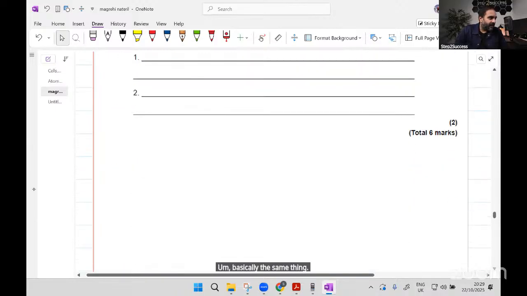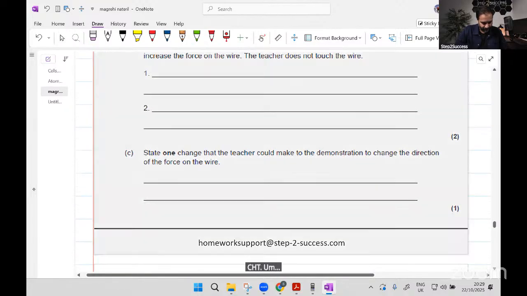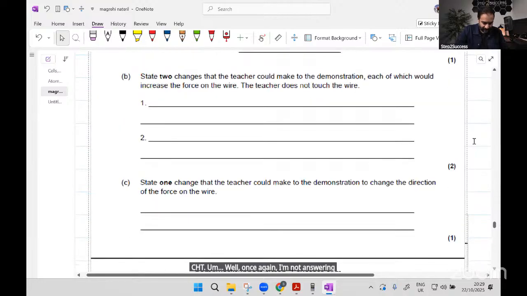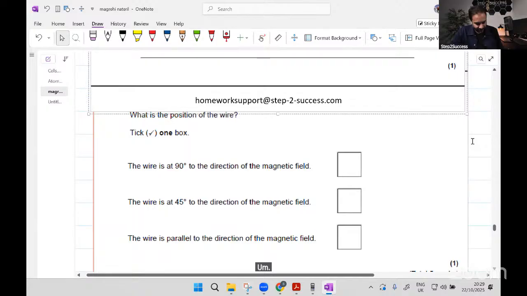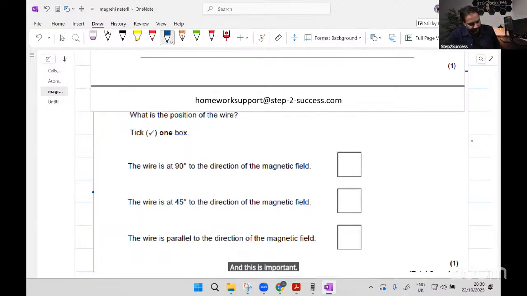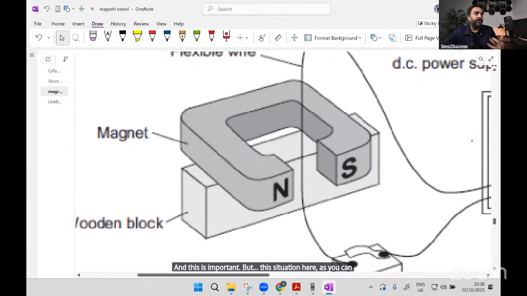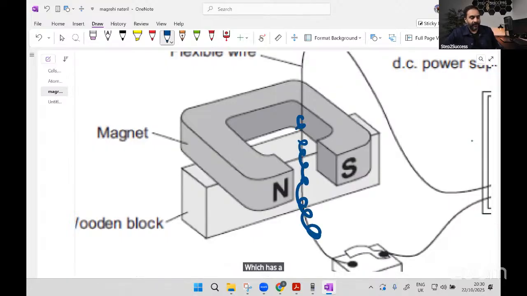Right, and you've asked for 8C, 8CHT. Well, once again, I'm not answering that because it's essentially the same question again. And this is important, that this situation here, as you can see, this motor effect that you learnt about, which is when a wire carrying a current, which has a magnetic field around it, is in another magnetic field, it experiences a force.